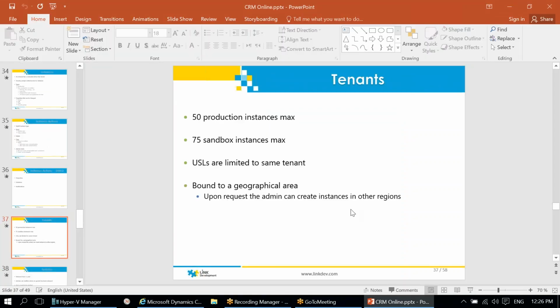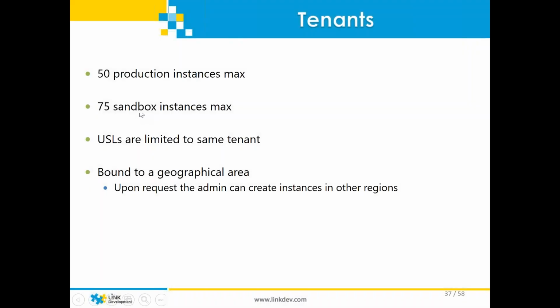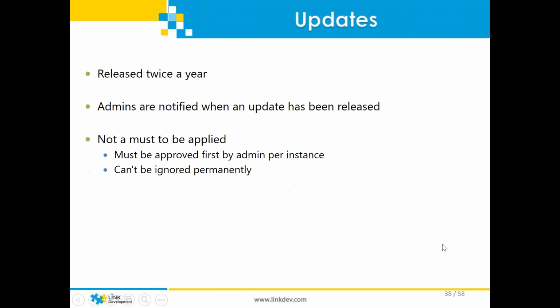As you have said, a tenant is an Office account. Those are just some limitations bound to a geographical area, as we have discussed. If you want to change it, you have to request it from Microsoft. Updates are performed twice a year, in the fall and spring, and an admin is notified if an update is pending, and he has to approve.